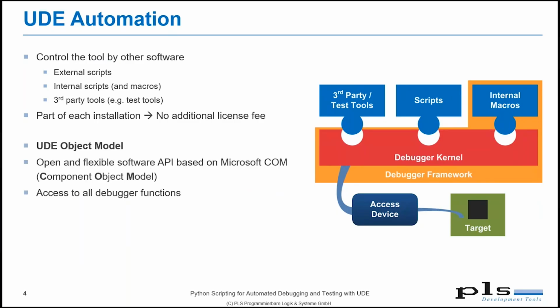The heart of the UDE automation is the UDE object model. This is an open and flexible software API that provides access to all the debugger functions. This object model is based on the Component Object Model from Microsoft that is deeply integrated into the Windows operating system, and it can be used with many scripting and programming languages.